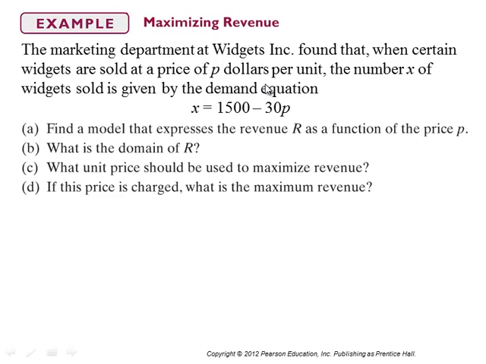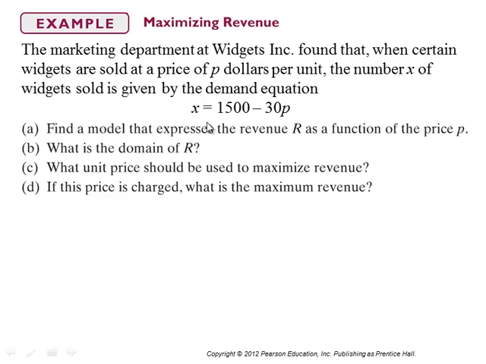Now, last section in 4.3, we talked about revenue models, where revenue is basically the money that a company brings in from its business. And it's going to be the price per unit times the number of units sold.